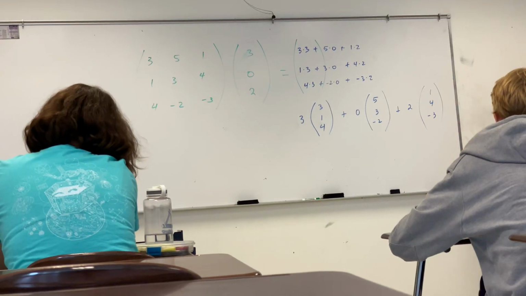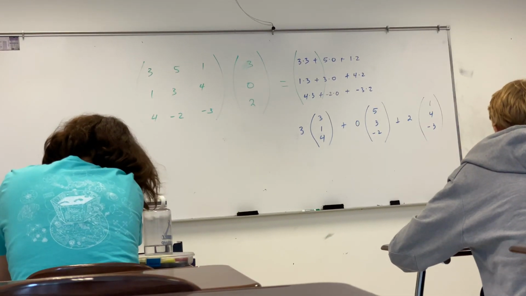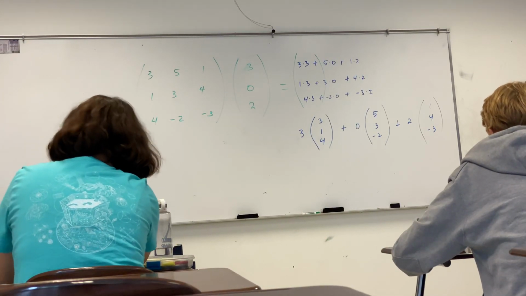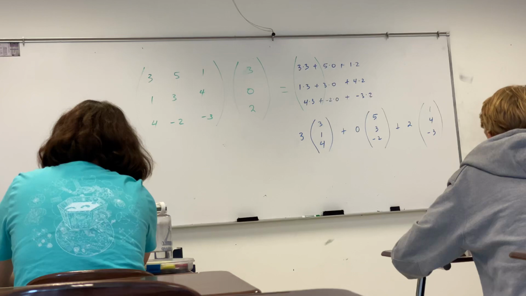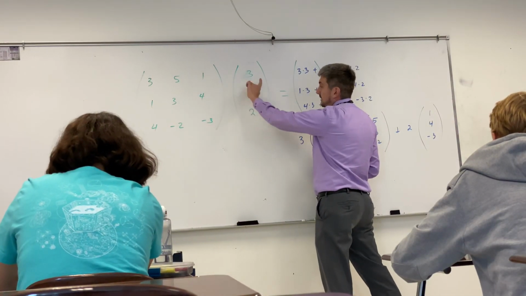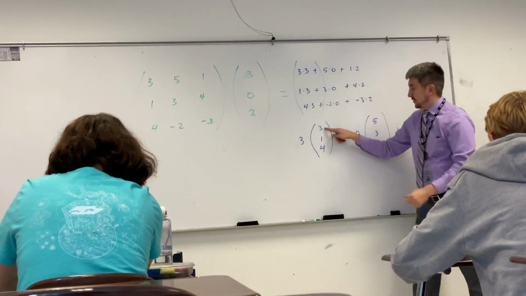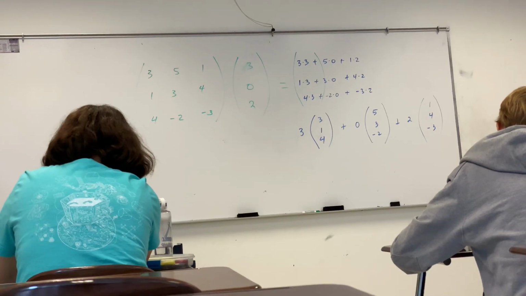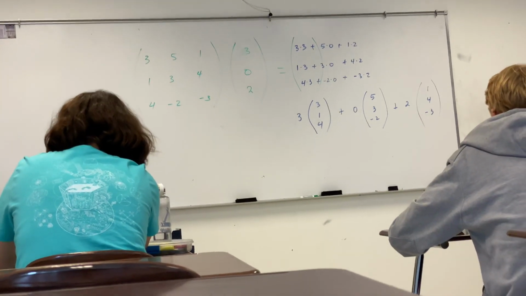I'm just rearranging the dot product calculation. Instead of thinking about it as going across the row, eventually I end up taking 3 times 3 and 1 times 3 and 4 times 3, and those are going in 3 different spots. What if it's 2 columns in the other one? You do it twice.